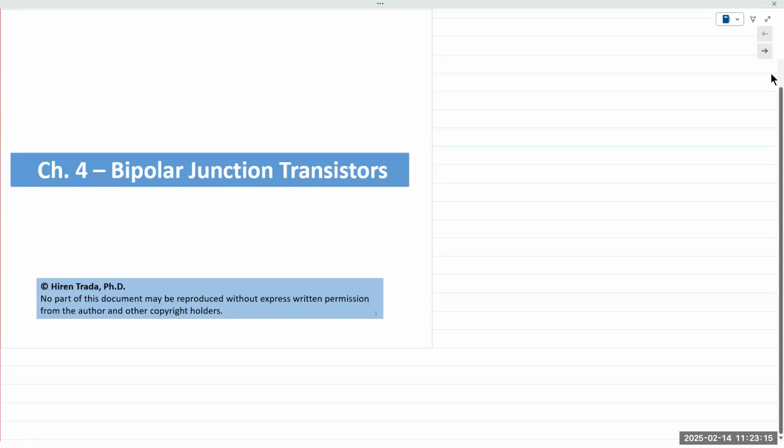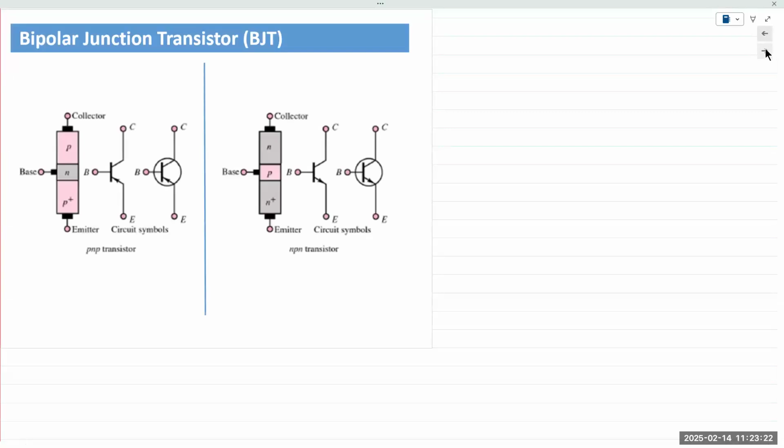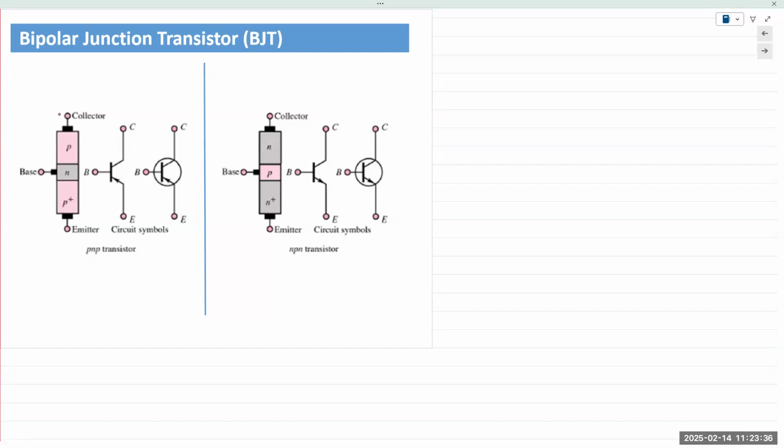BJT was the first electronic solid state device that was presented. BJT consists of two p-n junctions, so it's a sandwich layer of two p-n junctions. If you have an n-type material sandwiched between two p-type materials, we have a PNP transistor. If a p-type material is sandwiched between two n-type, we have an NPN transistor.